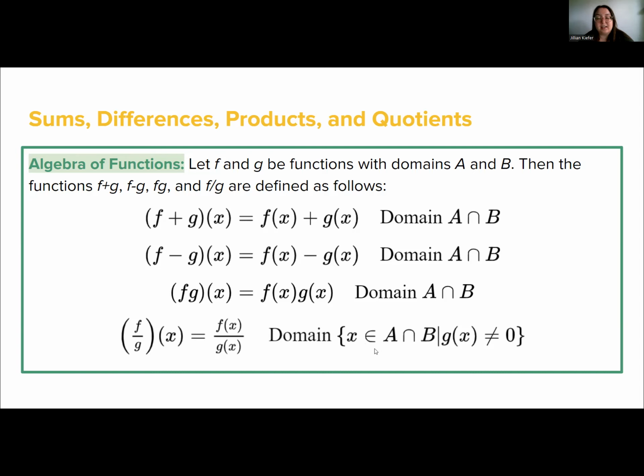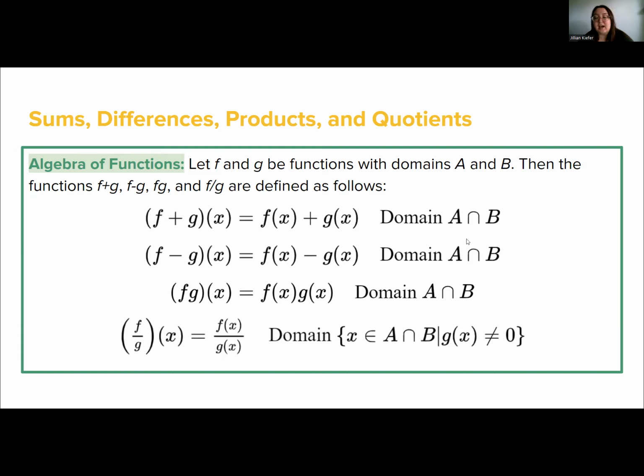So x in A intersect B. So any values of x that are in both domains, we would say that g of x just can't be 0. So for all values of x in the domain, the intersection A intersect B, g of x just can't be 0.